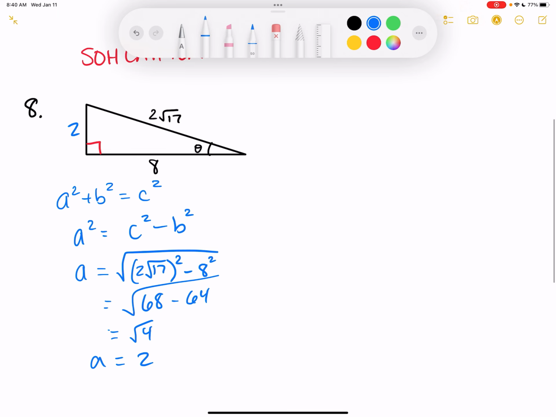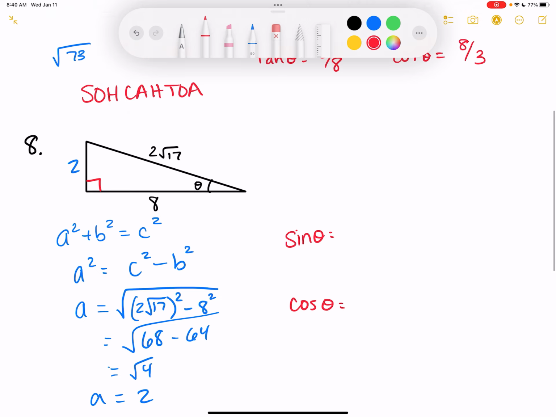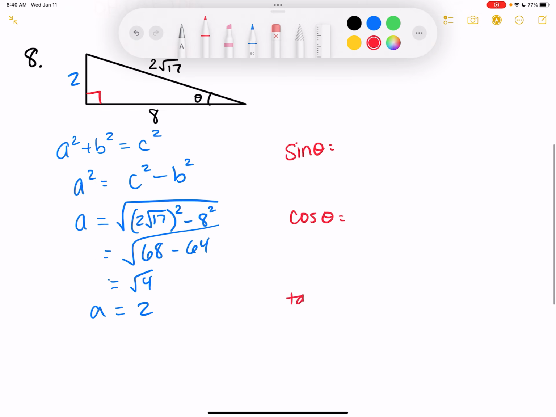All right, so then solving. All right, so what would sine of theta be?